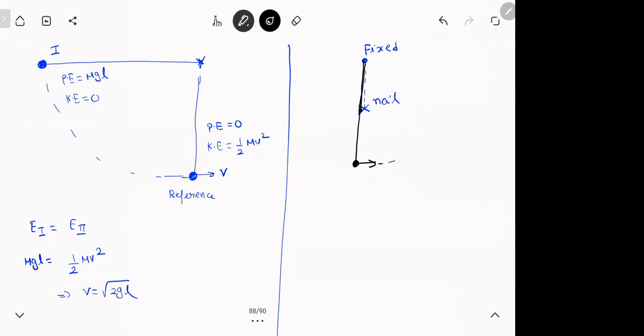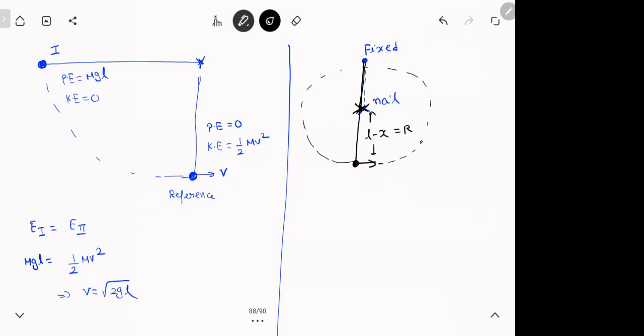This guy will go in a circle. Now what will be the circle's radius? It will go in a circle of radius L minus x. The pendulum, after hitting the nail, that lower part will go in a circle around it. This point is fixed, so it will rotate as if now the nail is the center of the circle.